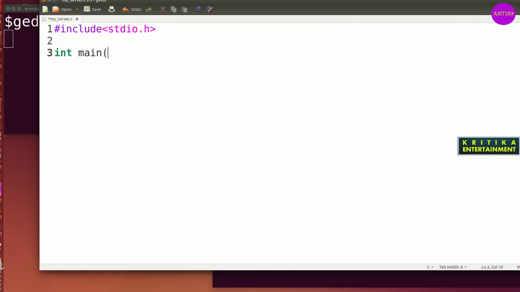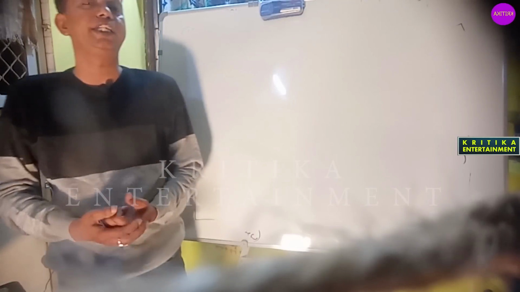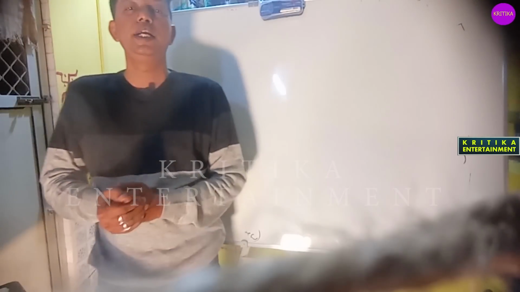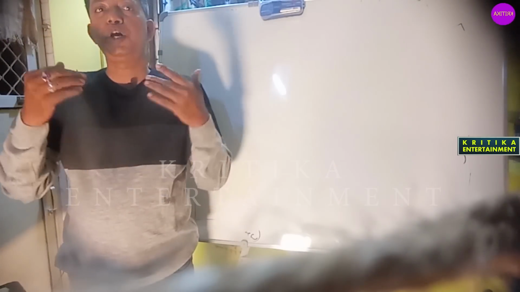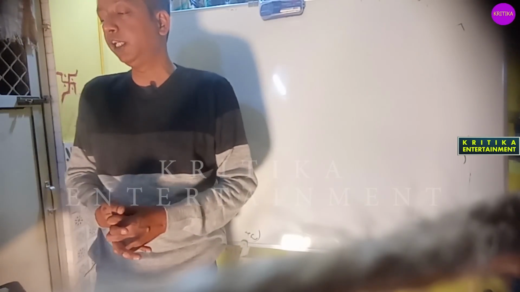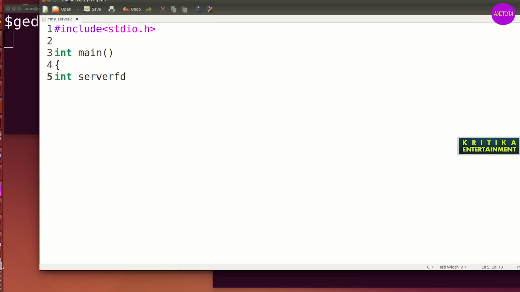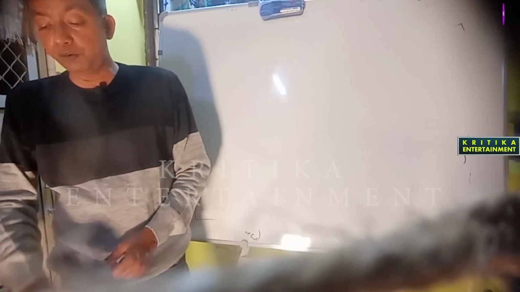Here I will declare int server FD. FD means file descriptor, that means the server side number, which will be returned from socket. I will declare server FD is equal to socket. Okay, socket I have declared. Then for socket, which header file do you have to use?